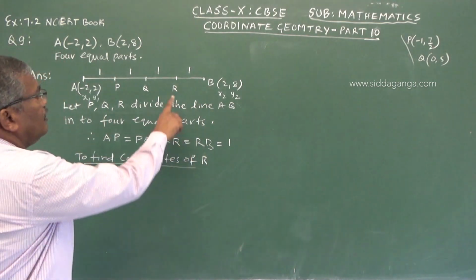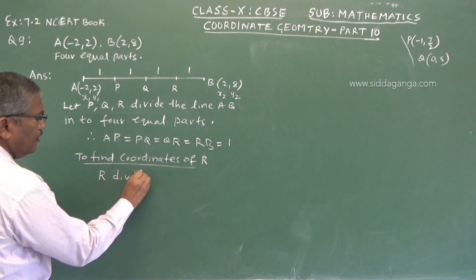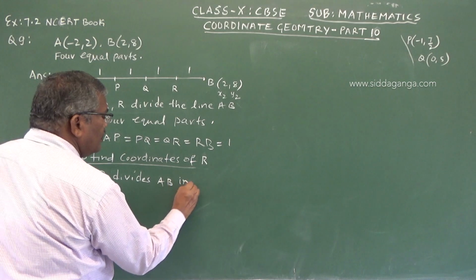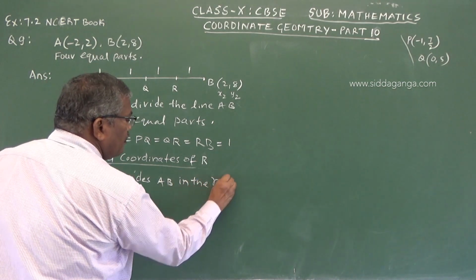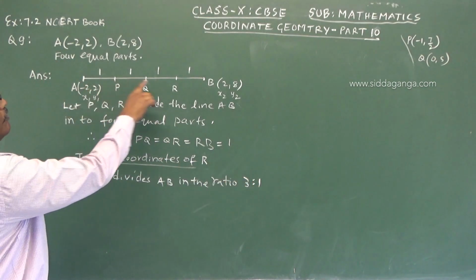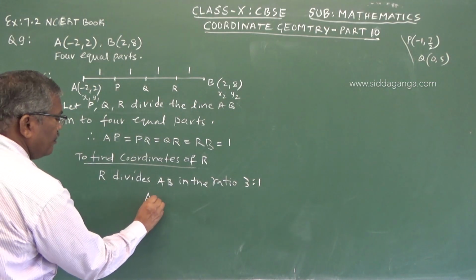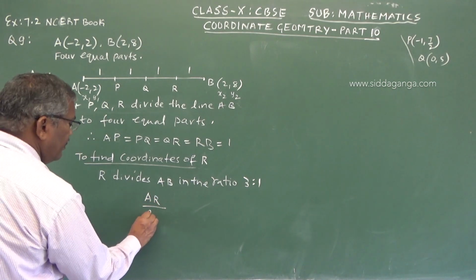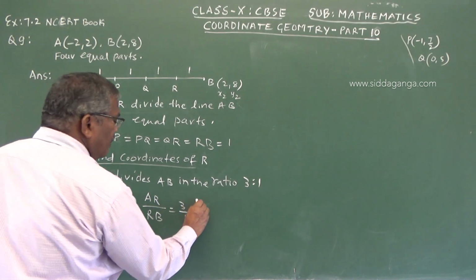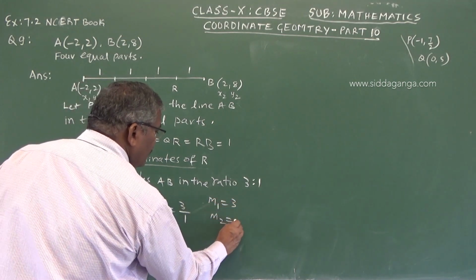So therefore, R divides AB in the ratio 3:1. As you can see, from here to here it is 3 units, and this is 1 unit. So AR by RB equals 3 by 1. So therefore M1 equals 3, M2 equals 1.